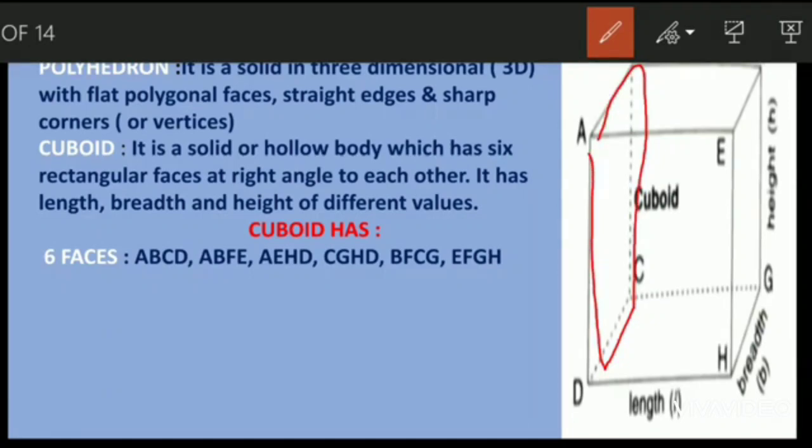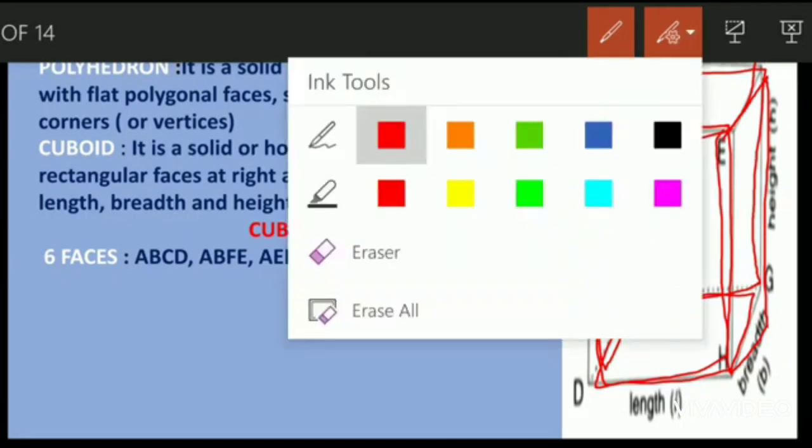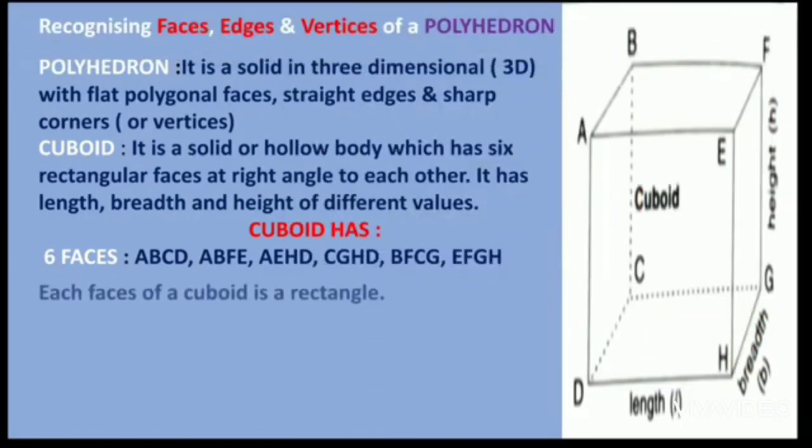Second is A, B, F, E. The third face is A, E, H, D. The fourth face is C, G, H, D. B, F, C, G is the fifth face, and E, F, G, H is the sixth face. So a cuboid has 6 faces. Each face of a cuboid is a rectangle.